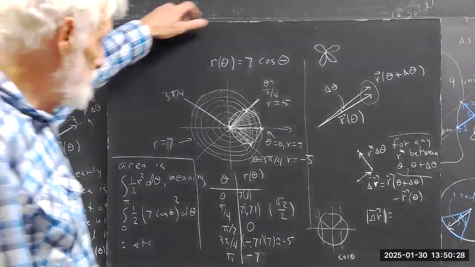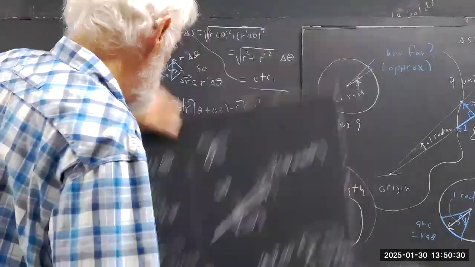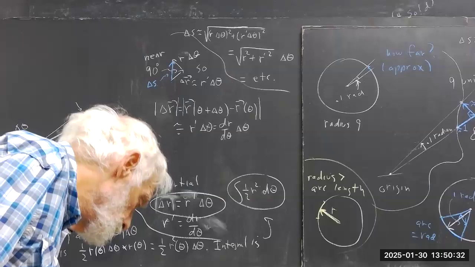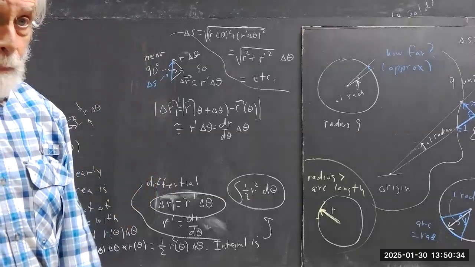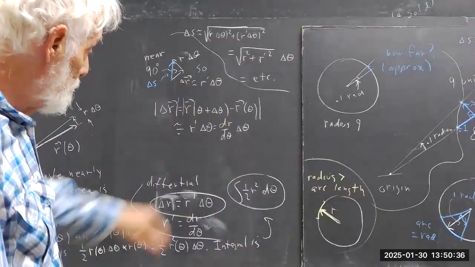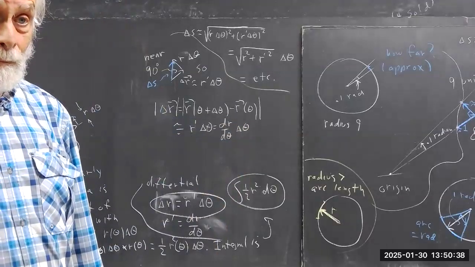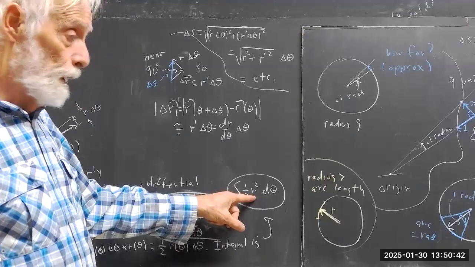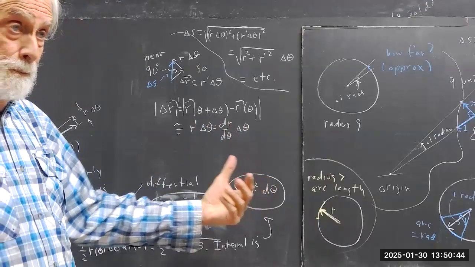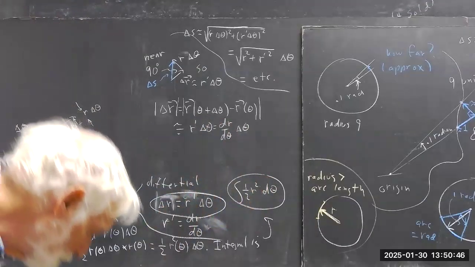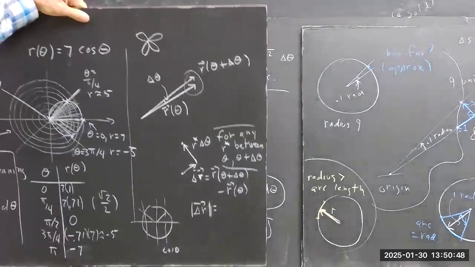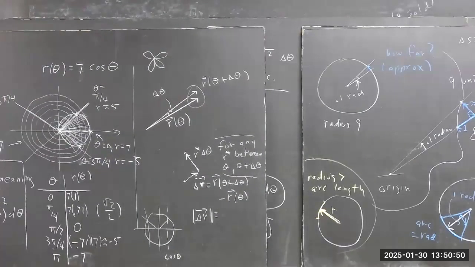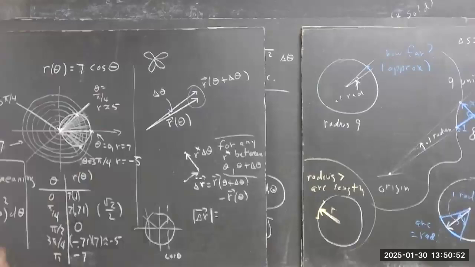Now you have the steps in the integration. We'll talk more about steps of integration, partitioning, and stuff like that. But for right now, you have a serviceable formula for the area of a polar curve. R stands for R of theta. That's how we used it here: R was replaced by the formula for R of theta.